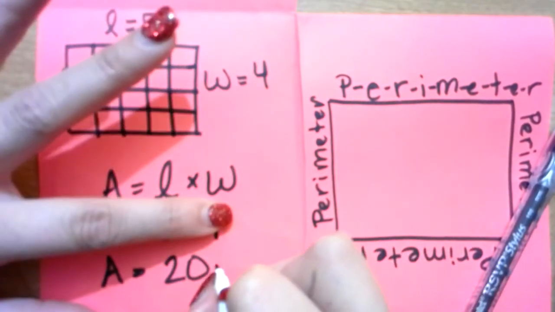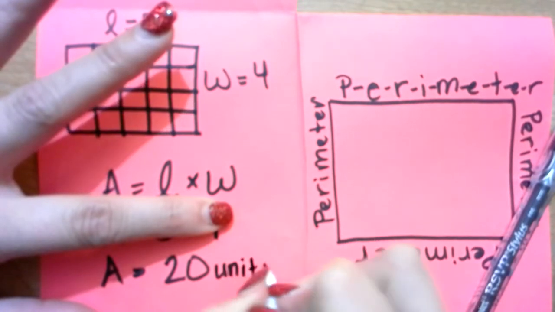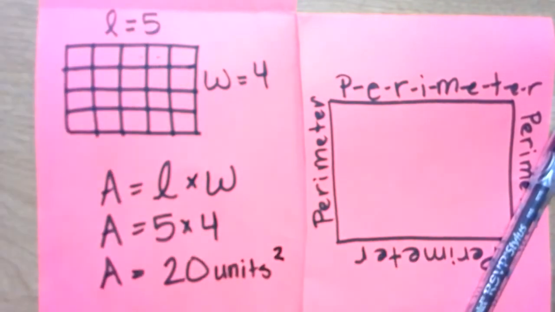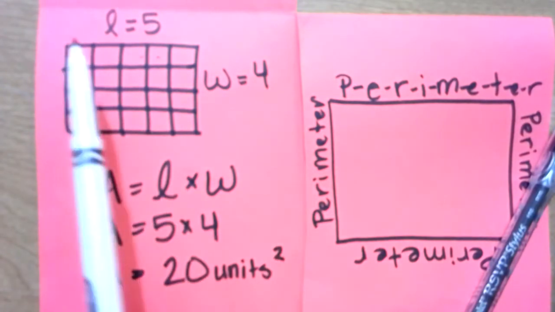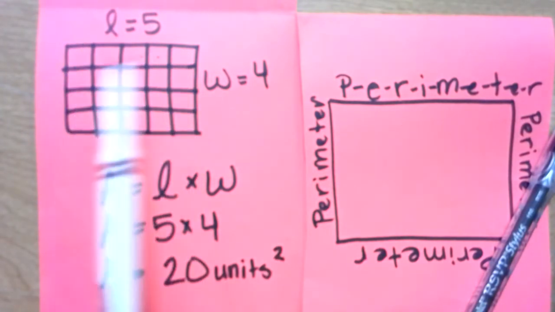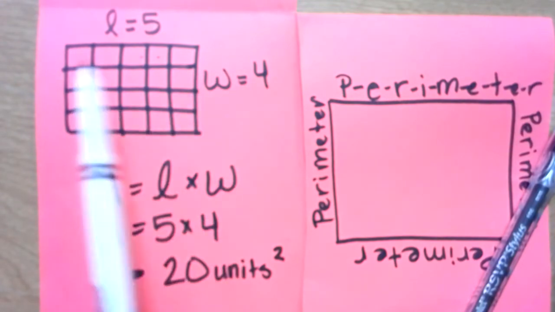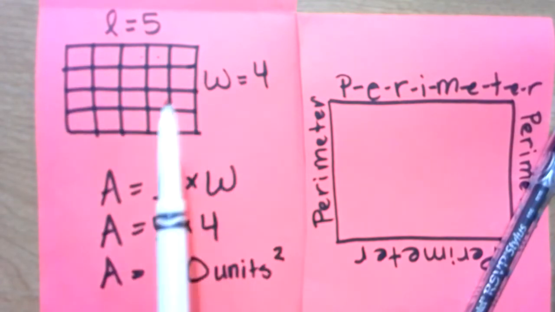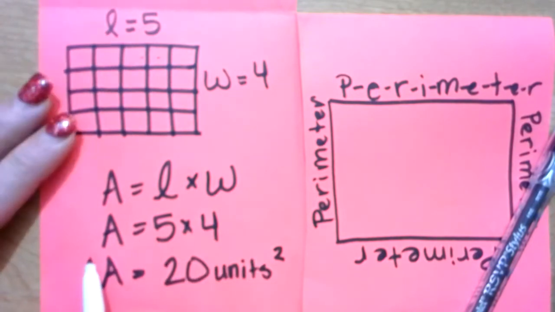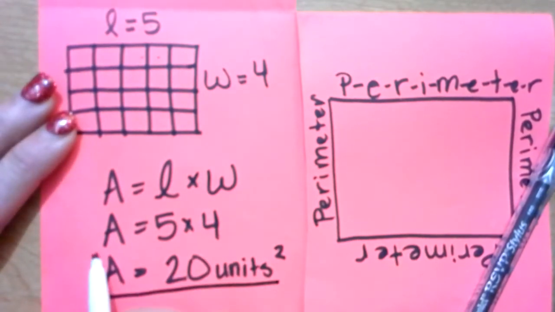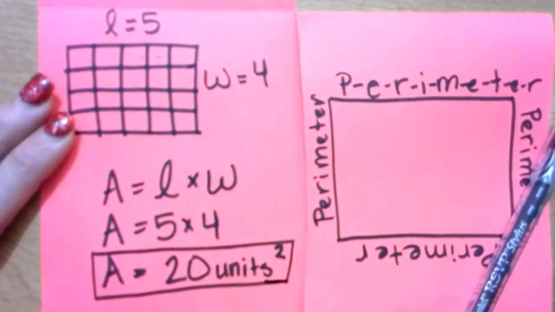But we don't know it, so we're going to write units squared, the little 2. And then I'm going to check my work. Well, I know there's 5, 10, 15, 20, or I could count them, okay? But I know that there's 20 of them, so my answer is correct, and I'm going to box my answer, just like we did in the hall. All right, finish that up.